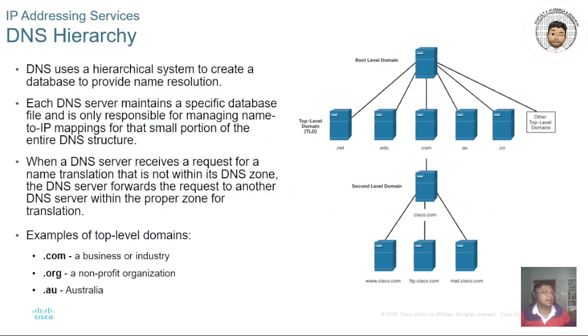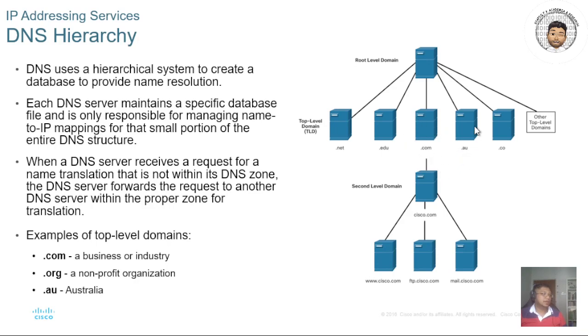So for DNS, they have a hierarchy. For example, .com, .co, .my, .eu, .au, .net. We have a lot of levels. At the back side is the DNS zone.